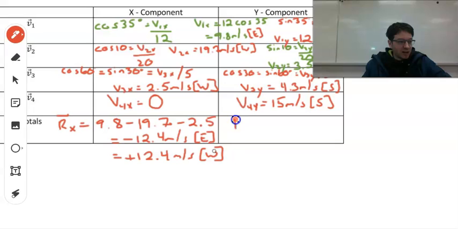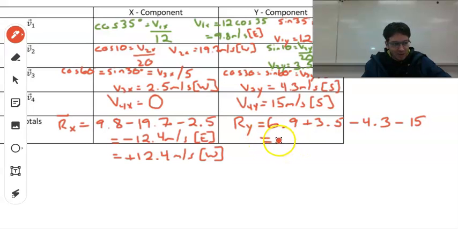So we know what our x component is. Do the same for y. So for y, we have 6.9 north, and then we have 3.5 north, and 4.3 south, and 15.3 south. So these two we're going to change to negative, because we'll make north positive. So we're going to get 6.9 plus 3.5 minus 4.3 minus 15.3.